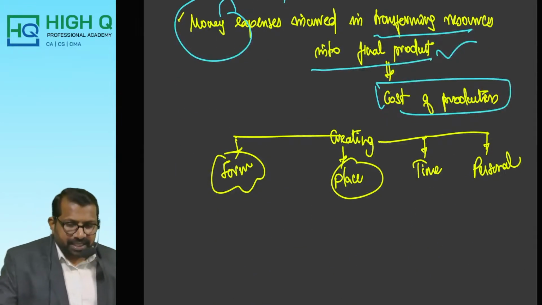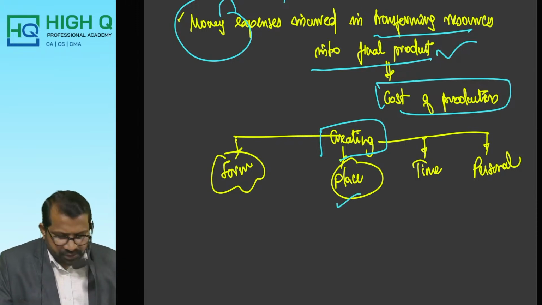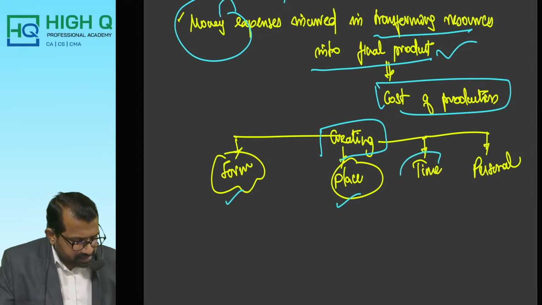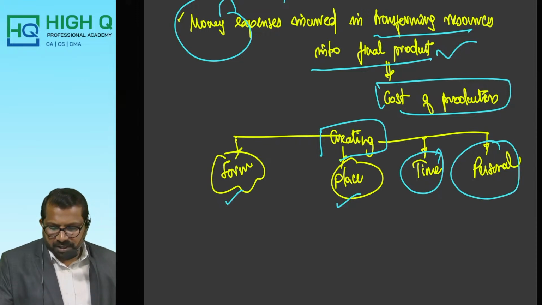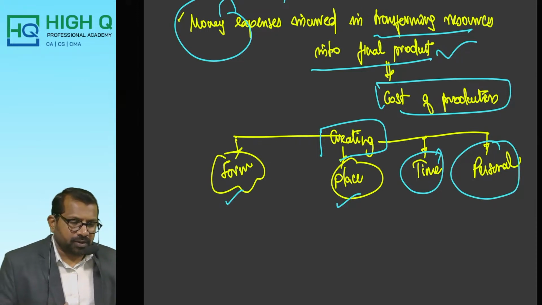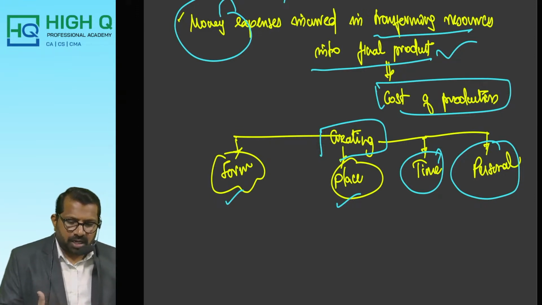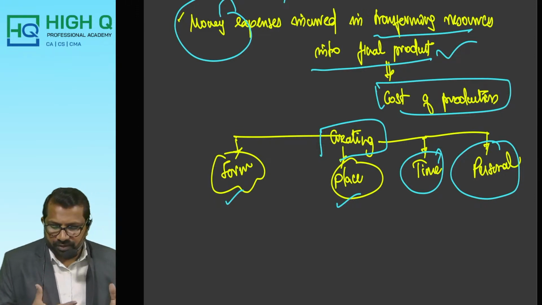So in this creation of utility, there are four types: form utility, another one is place utility, third one is time utility, and fourth one is personal utility. Form utility, changing of log of wood, where you are going to transform or convert it into finished products like table or chair.